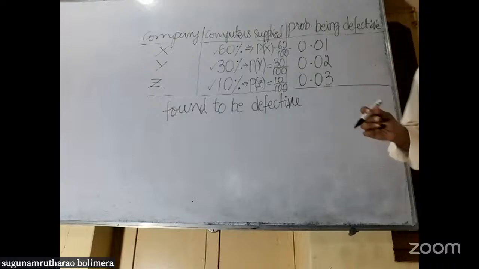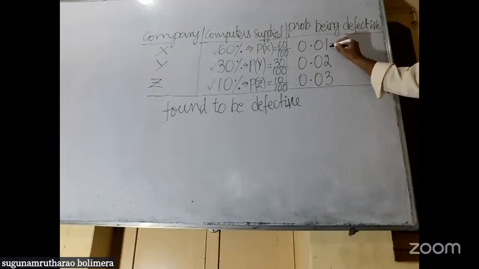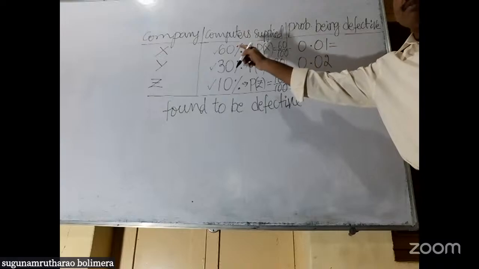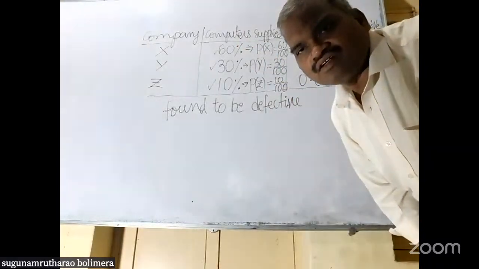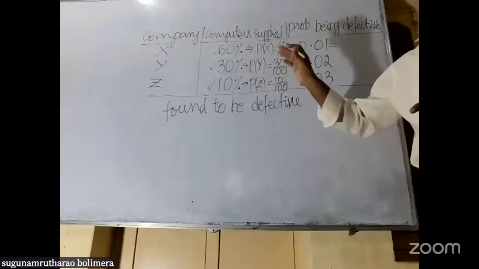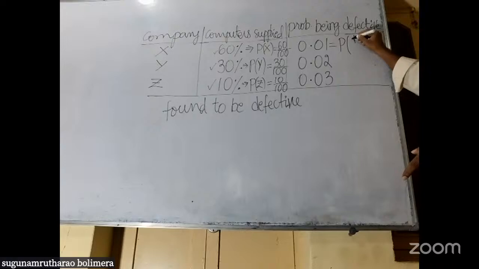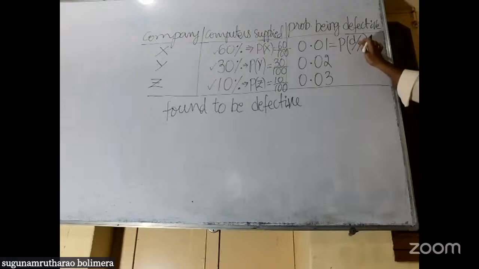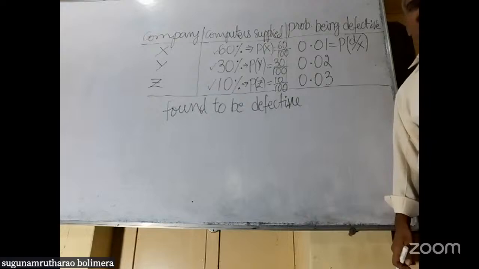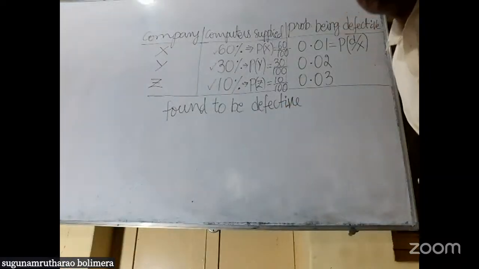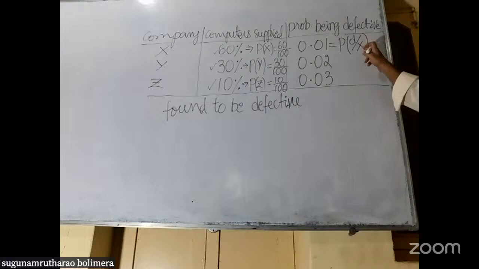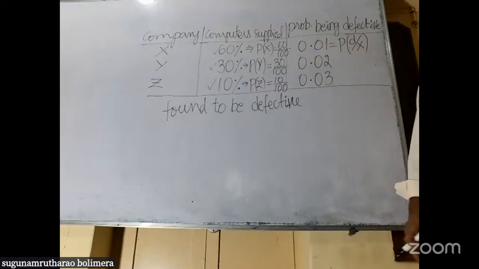Is it clear? Among those X supplied, the probability of being defective is D given X. Among those X supplied computers, 0.01 are defective.